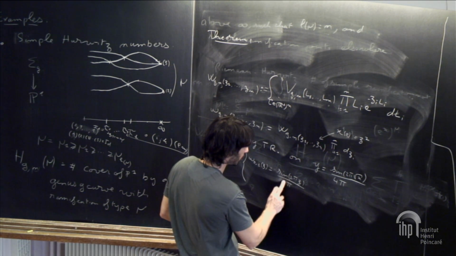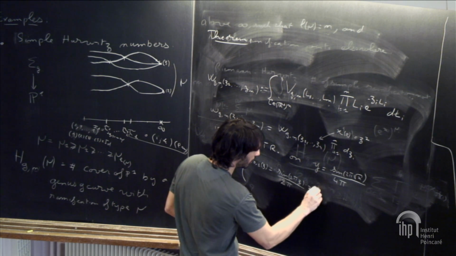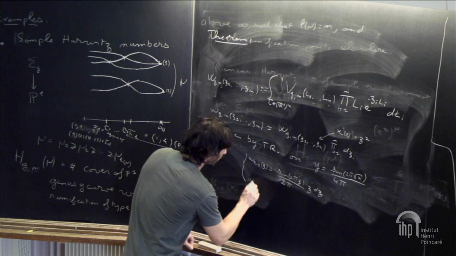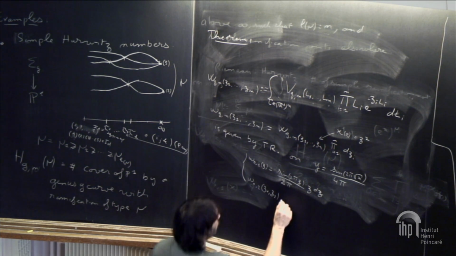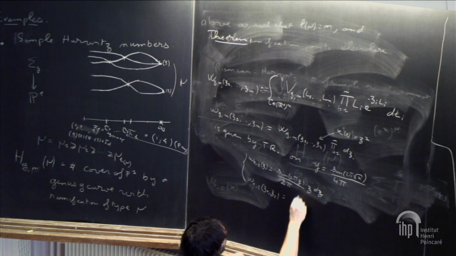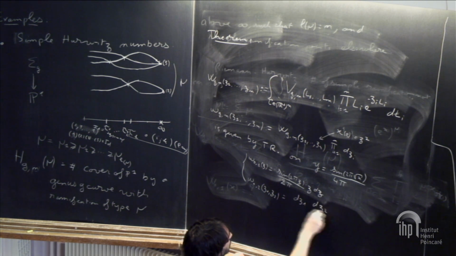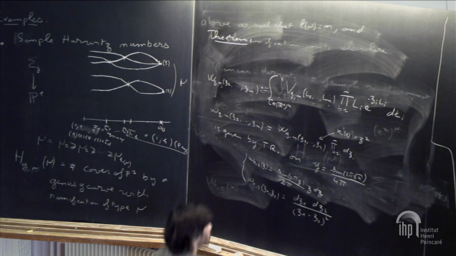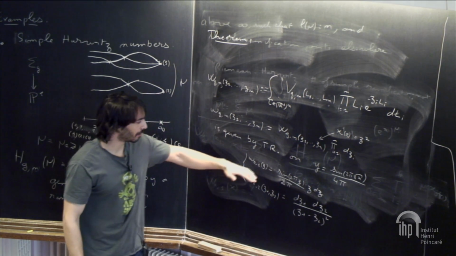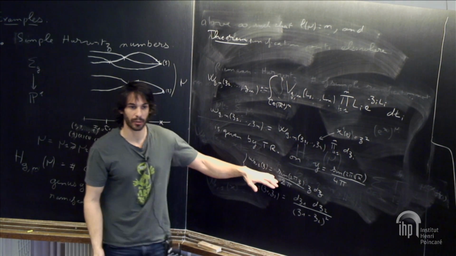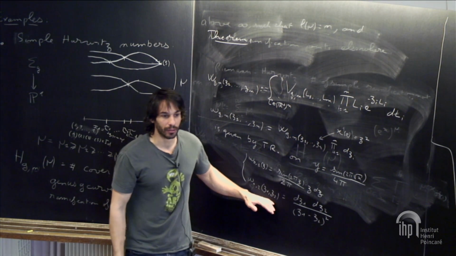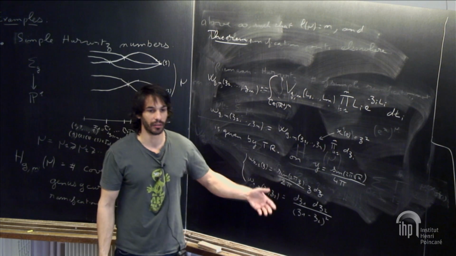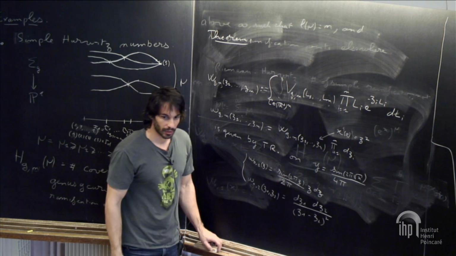So I've got a 2 z dz here, and omega 0,2 of z1, z2 is equal to dz1 dz2 divided by z1 minus z2 squared. And once again, this is a case where you just have one simple ramification point, which is located at z equals 0. And your omega 0,2 is completely fixed by the fact that you've got a genus 0 curve.